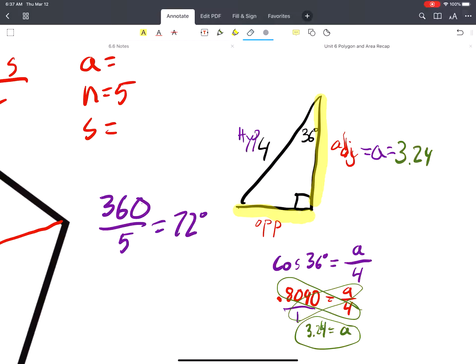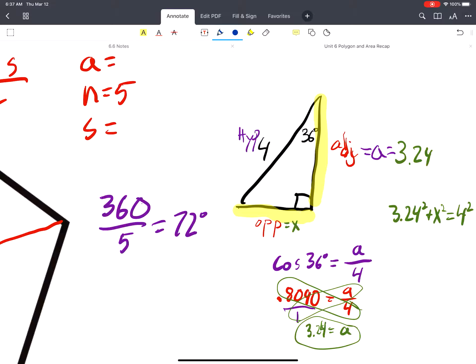Now that I have 2 of the 3 sides, I could do SOHCAHTOA one more time to find my opposite. In that case, I would use sine. But since I have 2 of the 3 sides, I can use my Pythagorean theorem. So let's do the Pythagorean theorem in order to find our last side. Let's call it x in this case. So my apothem, 3.24 squared, plus my opposite squared should equal my hypotenuse, which is 4 squared.